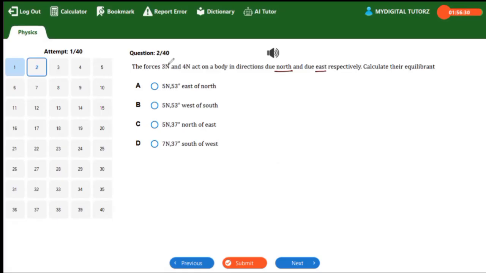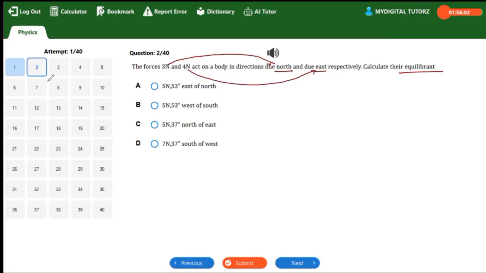Please take note of respectively. Calculate their equilibrant. So the equilibrant is the third force that balances the two forces. It is the same in magnitude as the resultant, but opposite in direction.